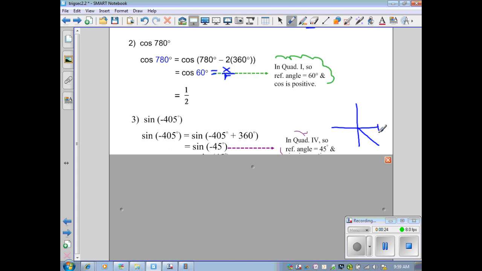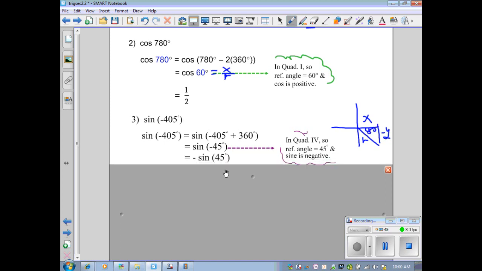And when I drop my vertical, that will give me a negative y value, a positive x value, and a positive r value. Also, for negative 45 degrees, when I go back up to my initial angle at 0 degrees, that will give me a reference angle of 45 degrees.